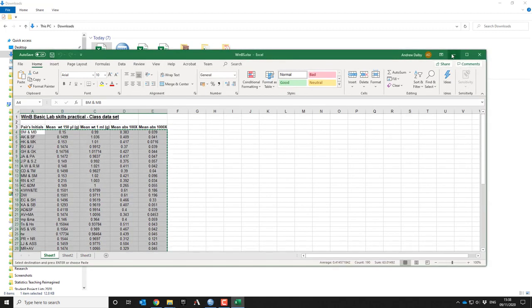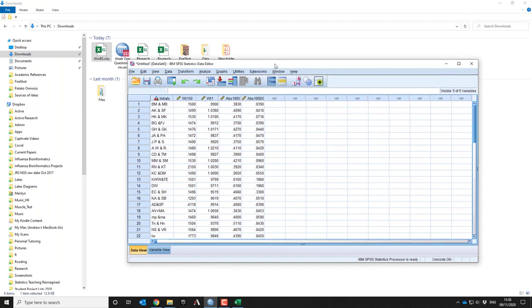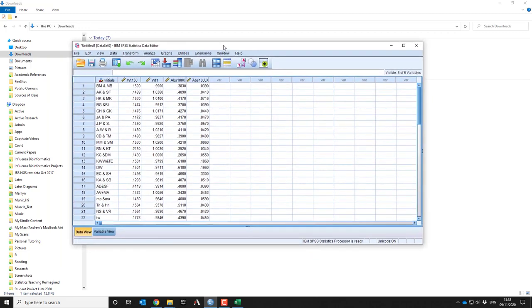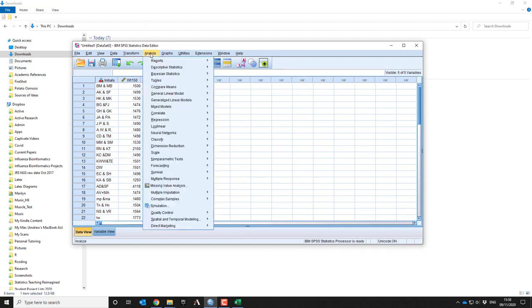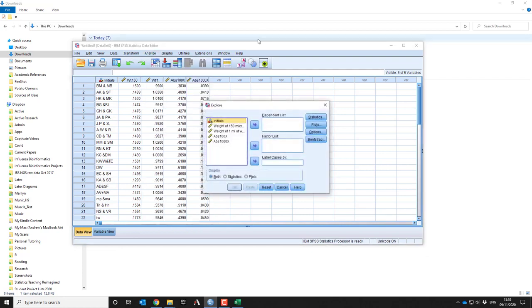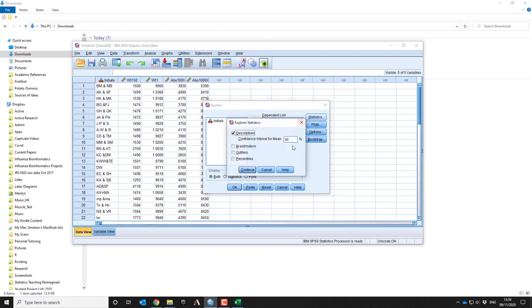So first thing I want to do whenever I get any set of data is have a little look at it and see if there are any serious problems. So you always want to go to Analyze, Descriptive Statistics, Explore. I want to put all of my dependent variables across. I want to, well, statistics is fine, 95% confidence interval is fine.